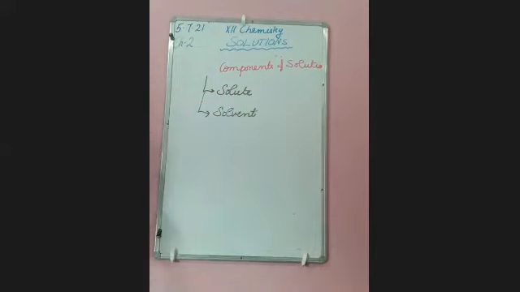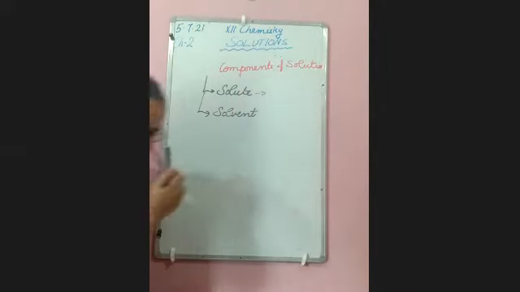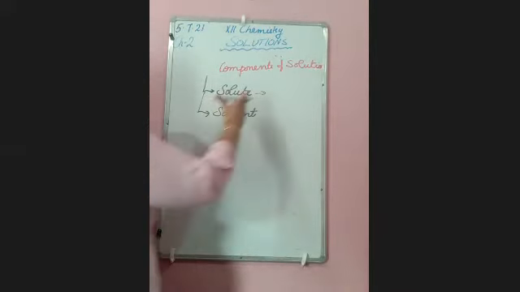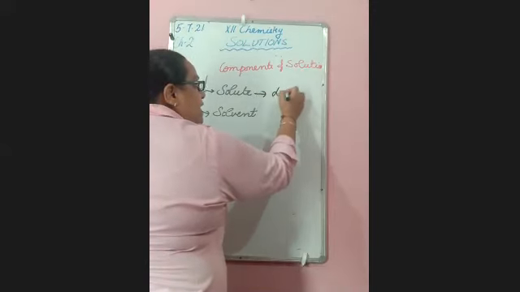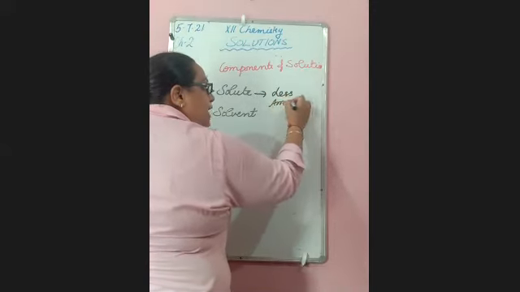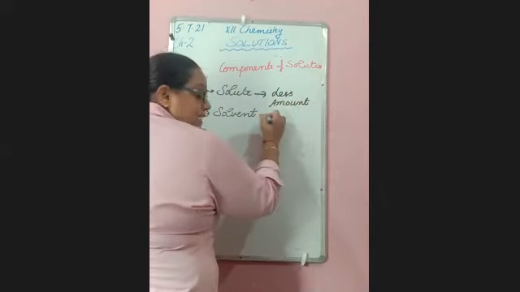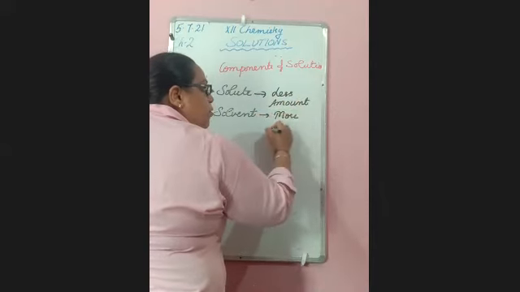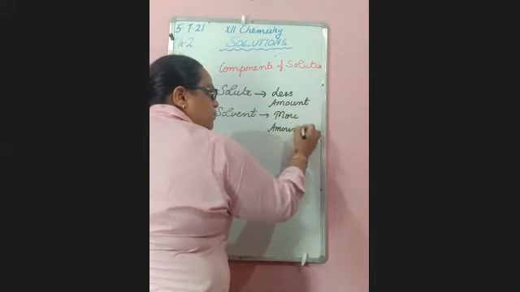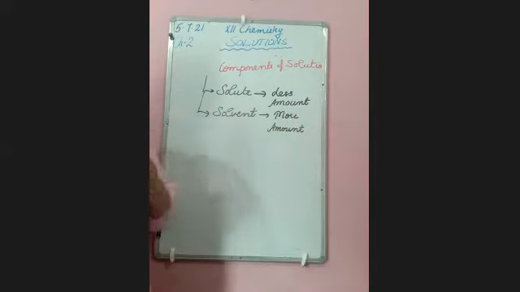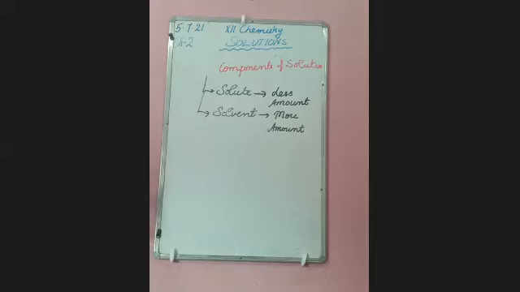Solute is generally present in less amount by mass, and solvent is present in more amount. Suppose I am taking one glass of water and adding one spoon of sugar in it. So your one glass of water is your solvent and a small amount of sugar is your solute.